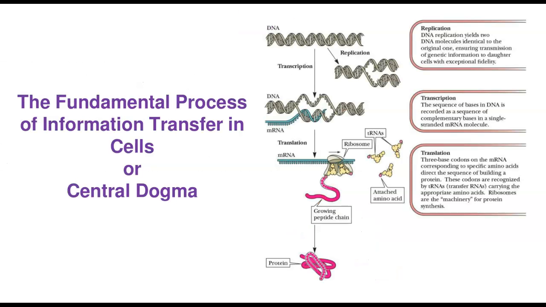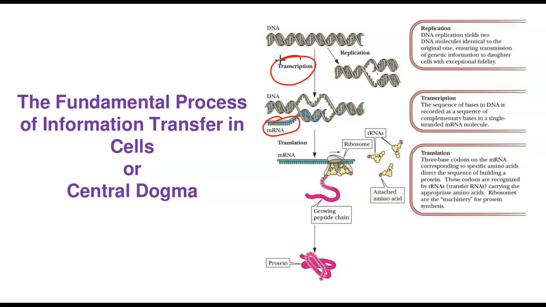Now, of course, this is what we call the fundamental process of information transfer, the central dogma. The DNA replicates to give birth to itself. That's what we call DNA replication. A DNA can replicate to produce other DNA. Now, DNA can also be transcribed to produce the messenger RNA. We call that transcription of DNA to RNA.